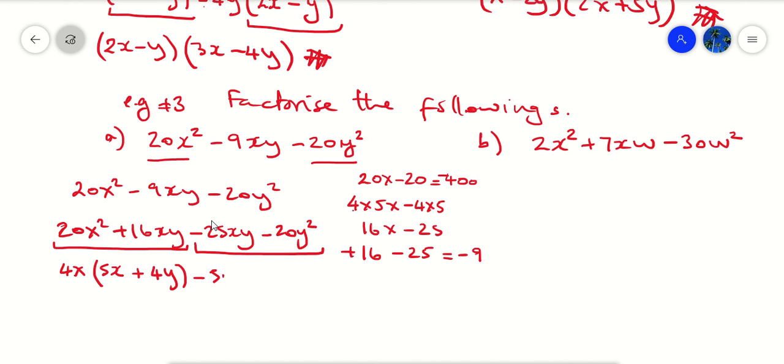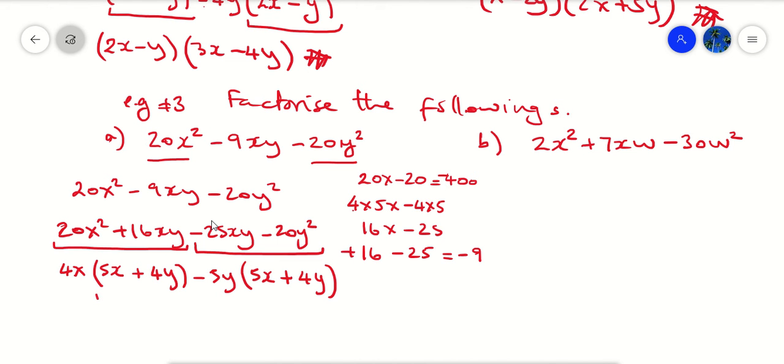Minus 5y into bracket. If I take minus 5y, I'll be left with 5x from this term. Then to get minus, I need to have a positive sign here, because minus times plus will give me minus. If I pull that 5y outside, I'll be left with 4y, because 5 times 4 is 20, and y times y gives me y squared.